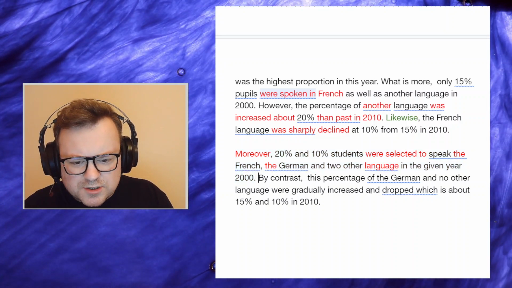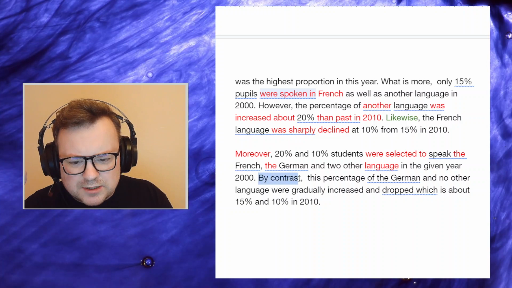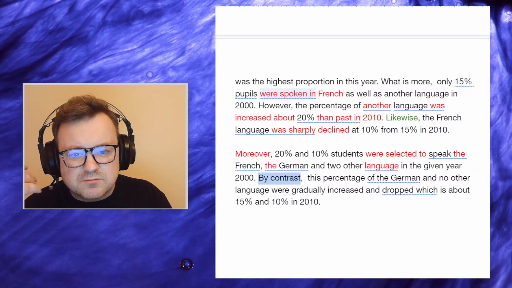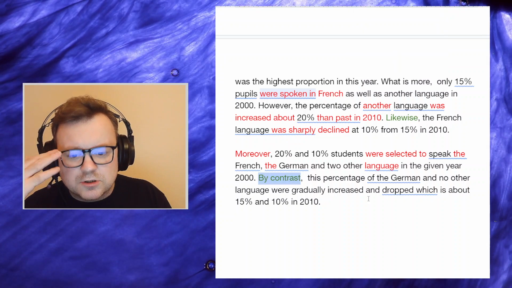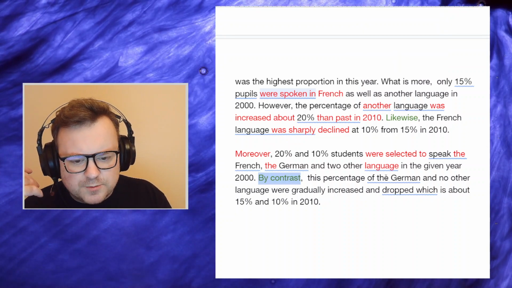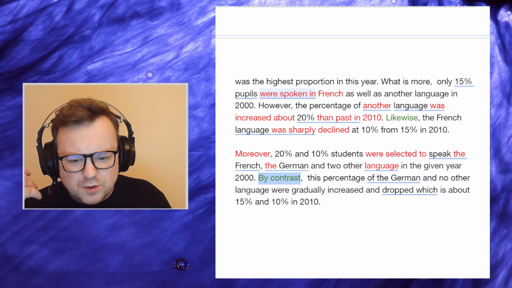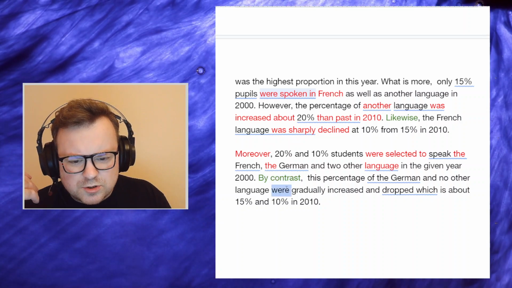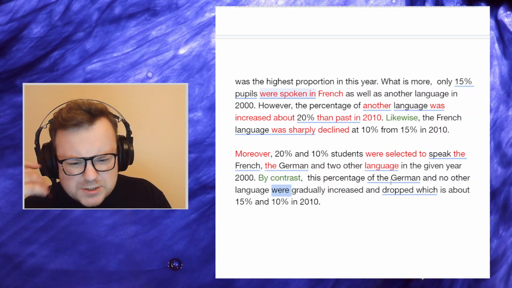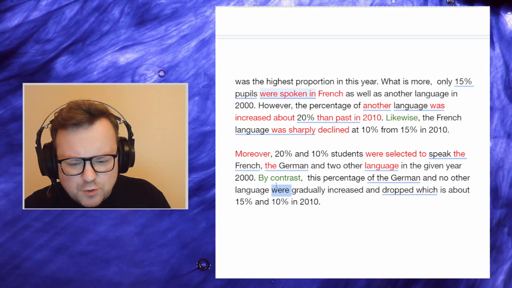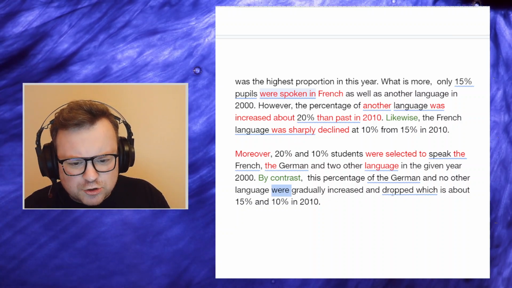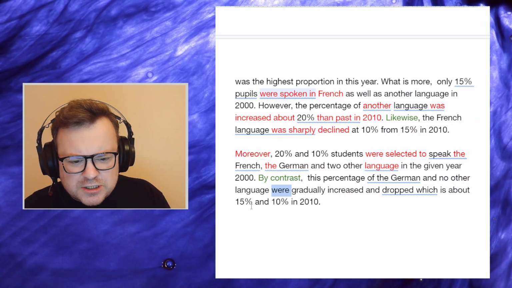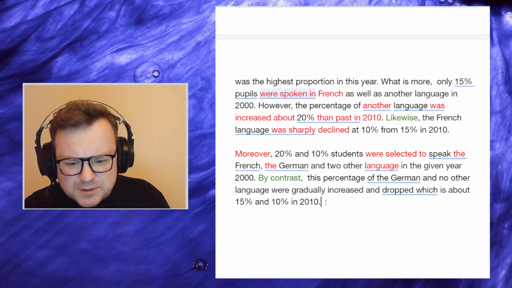By contrast, good signposting language here. The candidate has decent signposting language. This percentage of the German and no other language were gradually, no other language was. This percentage of the German and no other language were gradually increased and dropped, which is about 15% and 10%.